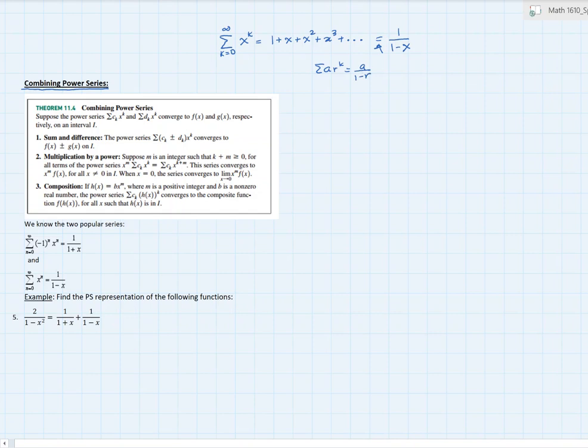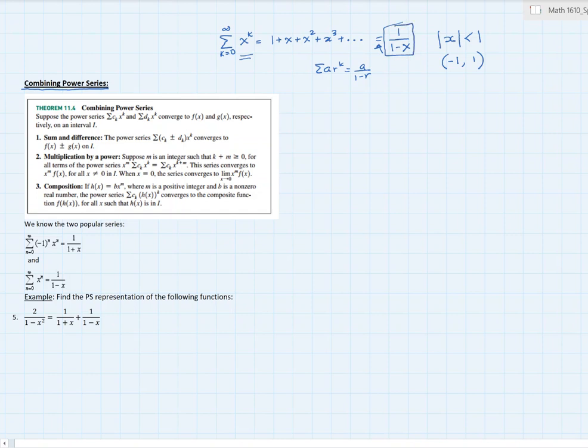A is 1 here, r is x here, so it adds up to this, and this is of course as long as the absolute value of x is less than 1. So the interval of convergence is between -1 and 1, open interval. You know the meaning of interval of convergence now. For all values of x between -1 and 1, this power series converges to this.